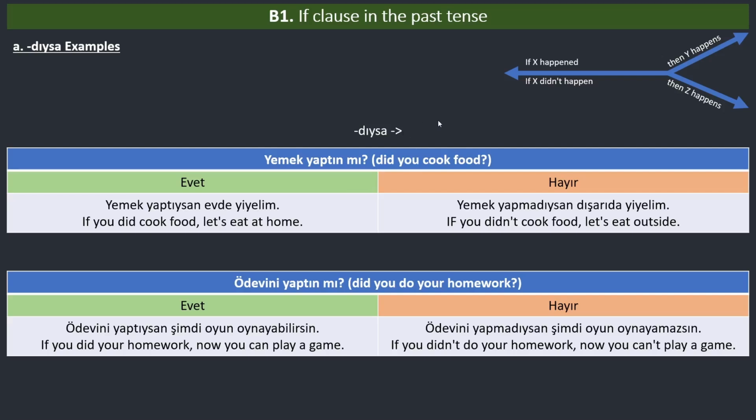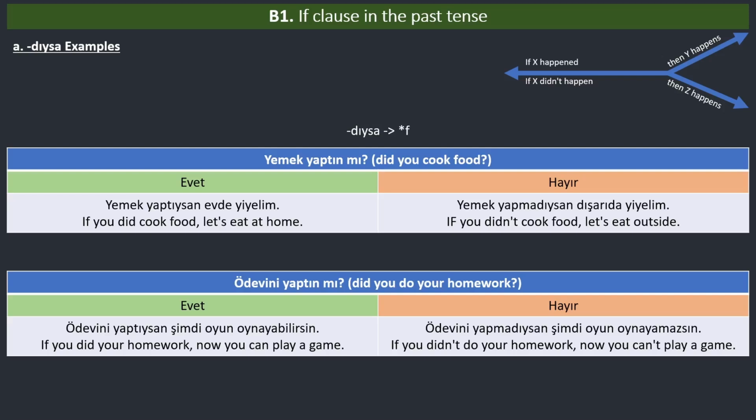You can either have the future, you can have the continuous. Actually, no, you can't have the continuous. It wouldn't work. But you could use the modals like let's eat, the optative mood, or you could use the potential mood, like ödevini yaptıysan oyun oynayabilirsin.